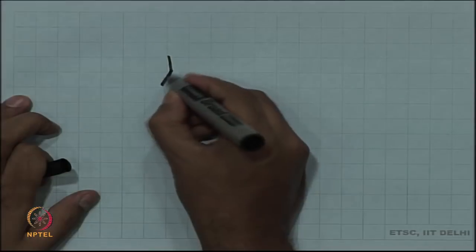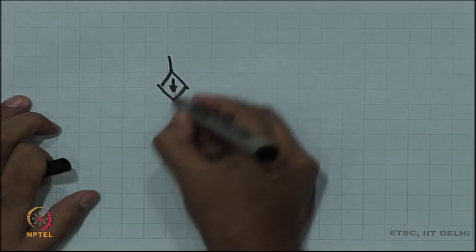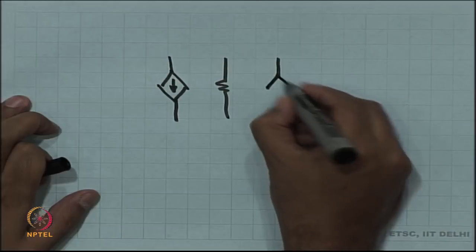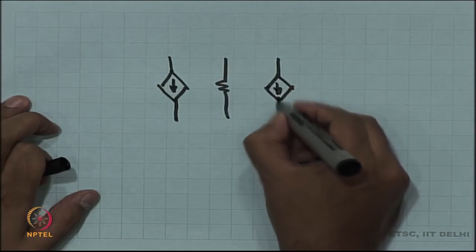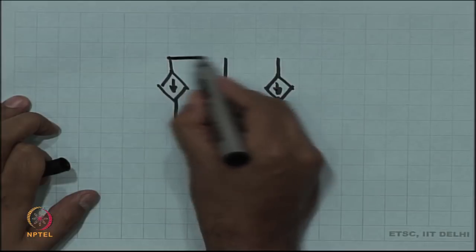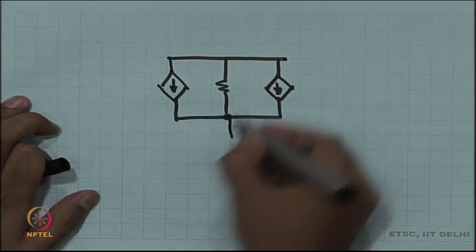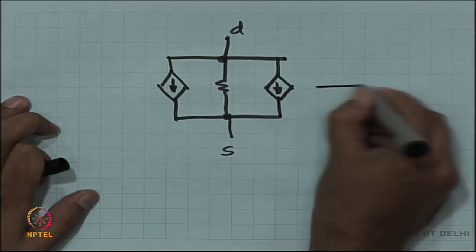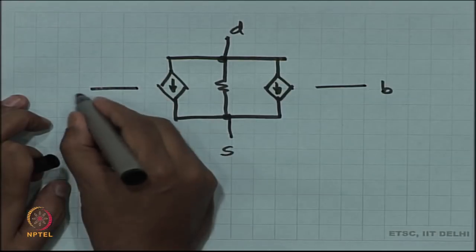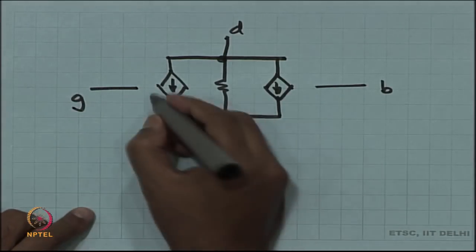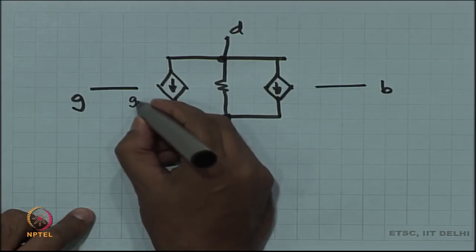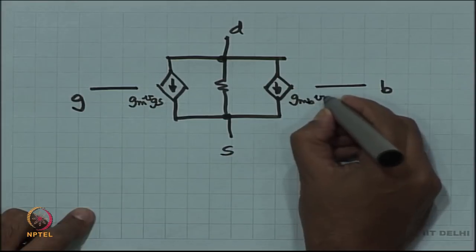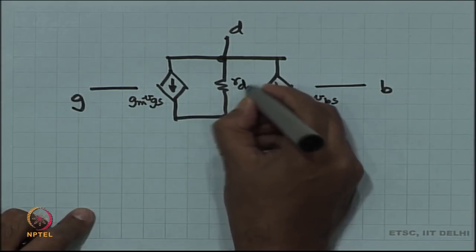So, the MOSFET small signal model not only had these three components: gm vgs, gmb vbs, rds.